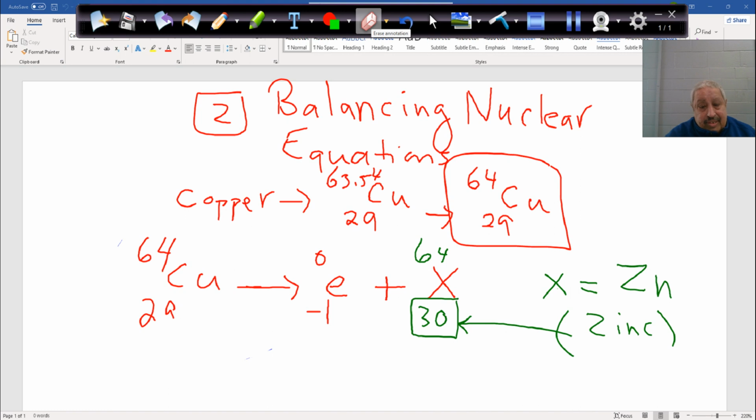Now we have alpha, beta. Let's do gamma. Okay? So gamma here is the only radiation that does not have any mass, does not have any atomic number, no charge. Here in nuclear chemistry, atomic number is called charge. So the only one that does not have a mass, does not have a charge or atomic number, is gamma.